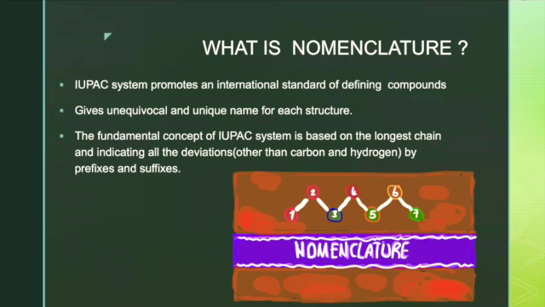IUPAC nomenclature is based on naming a molecule's longest chain of carbons, whether in a continuous chain or in a ring. All deviations, either multiple bonds or atoms different than carbon and hydrogen, are shown by prefixes or suffixes with respect to a specific set of priorities.